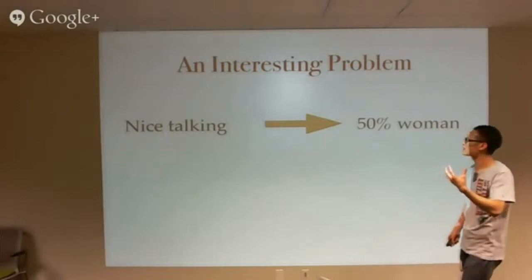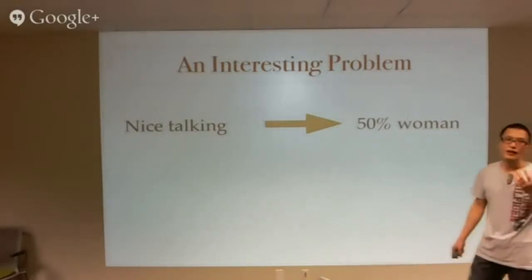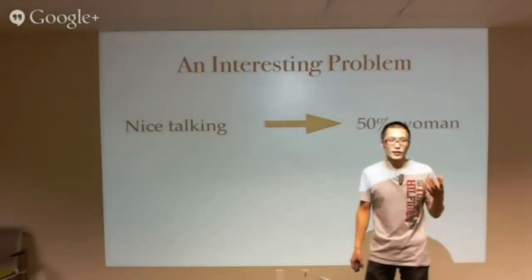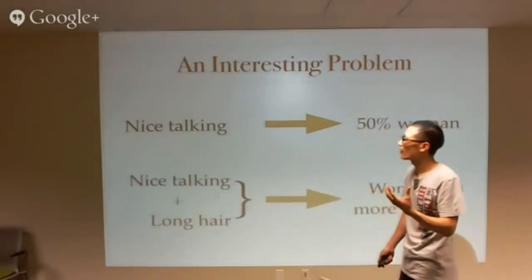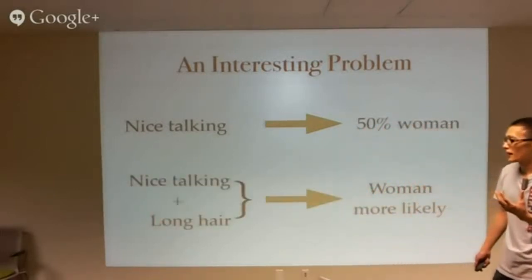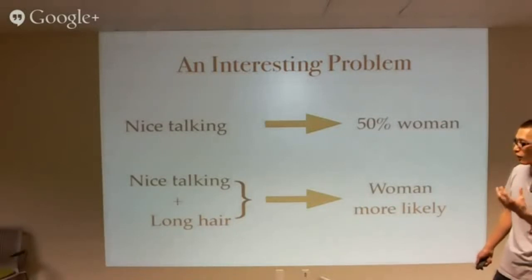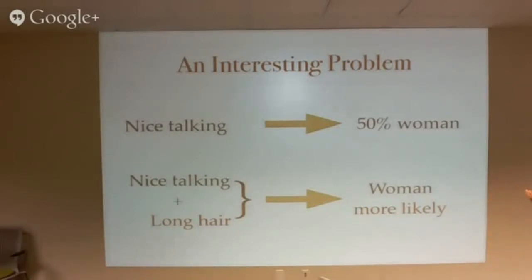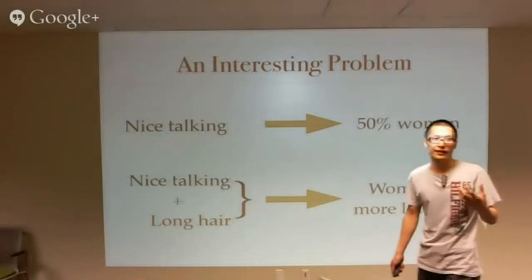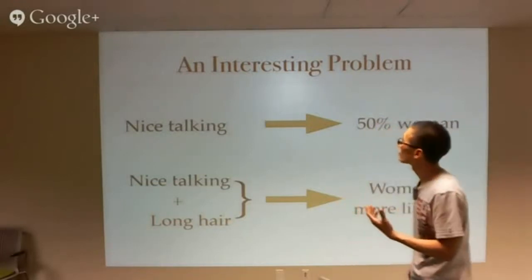You may guess 50% that the person is a woman. But if he told you that the person has long hair, then you may guess the woman is more likely, right?